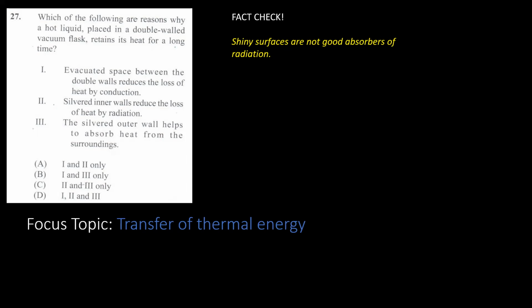We know that a vacuum does not allow heat transfer by conduction because for conduction to occur, there must be material medium present. So 1 and 2 are correct, but 3 is incorrect. So our answer is 1 and 2 only, that's A.